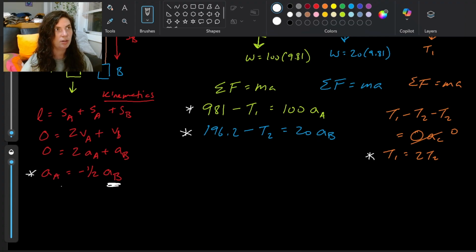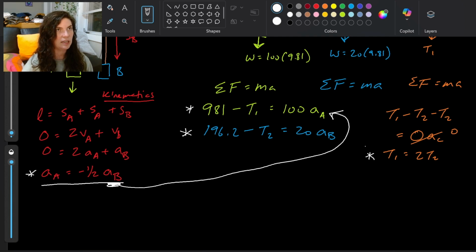So what I'm going to do is take this equation and substitute it in. And I'm going to take this equation, substitute it in. That way I'll only have equations with T2s, and I'll only have equations with ABs.